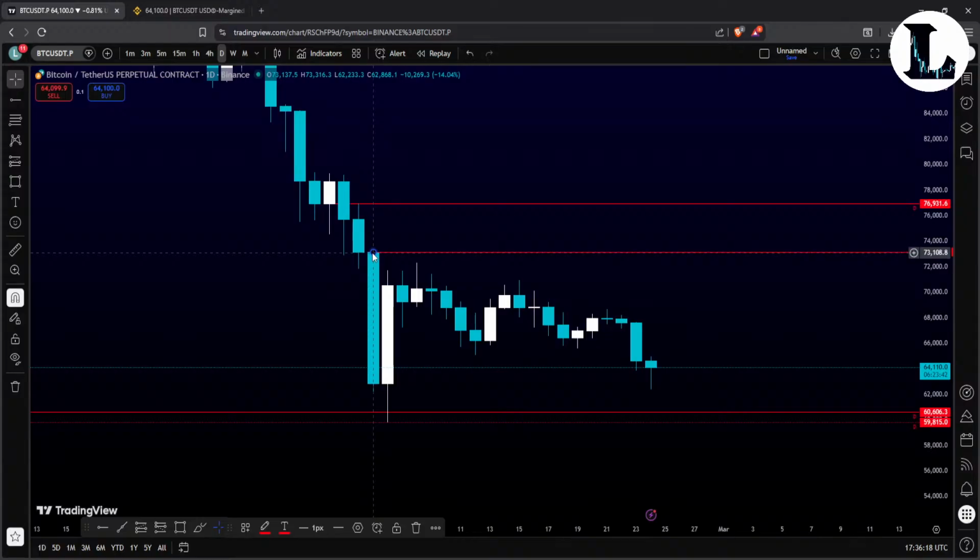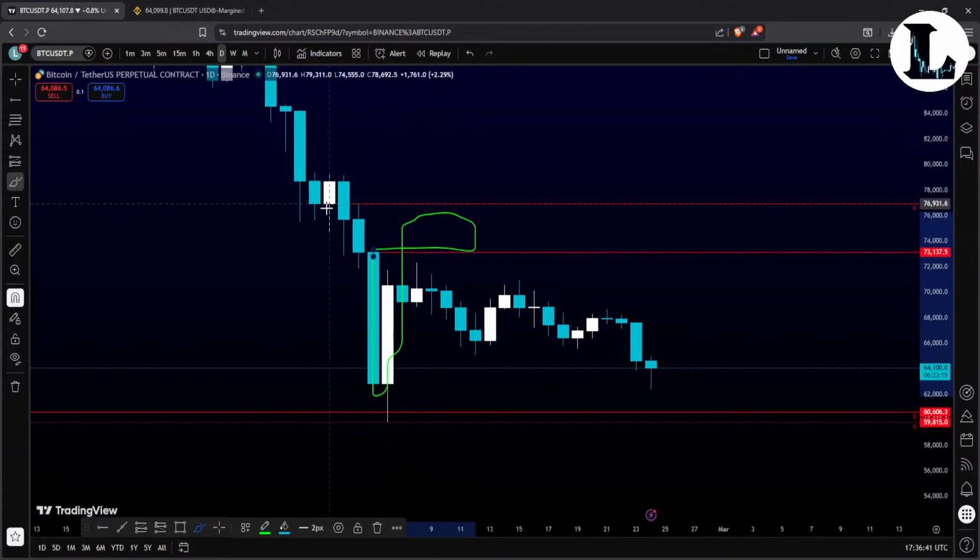So we have this big daily candle that needed to turn into a support. So if we actually add two white candles here, so this blue candle here followed by two white candles and the price goes above this candle, we could turn this into a big support like we did here with a big resistance. But we failed to do that.